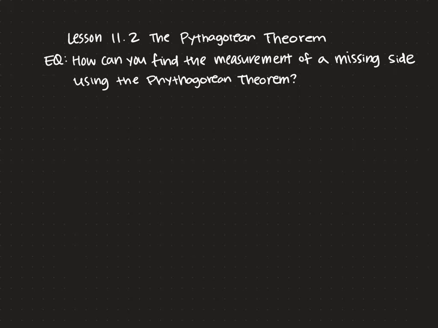First, it has to be a right triangle for you to use the Pythagorean theorem. So when you have a triangle with sides A, B, and C, it's going to have a right angle.